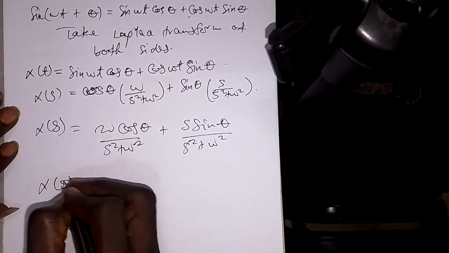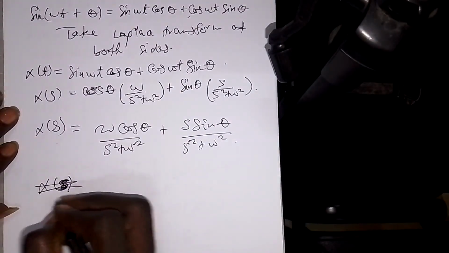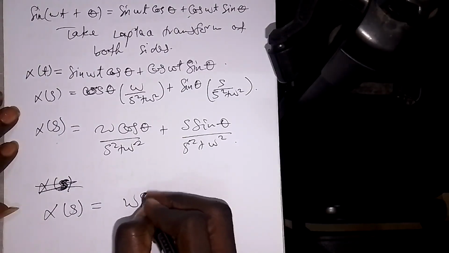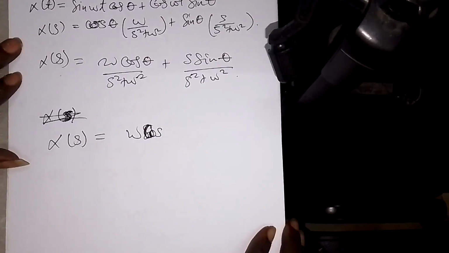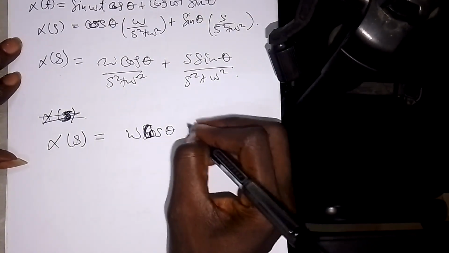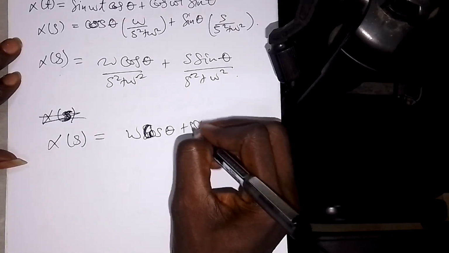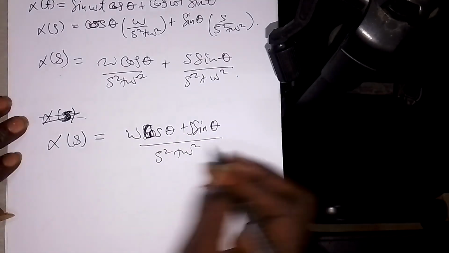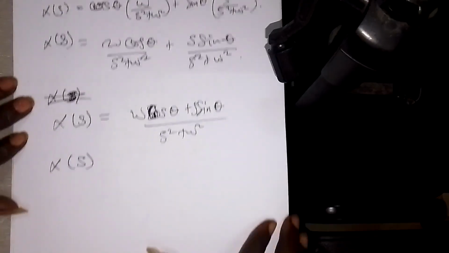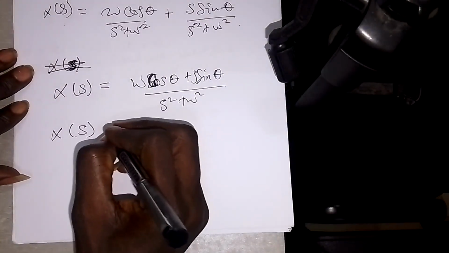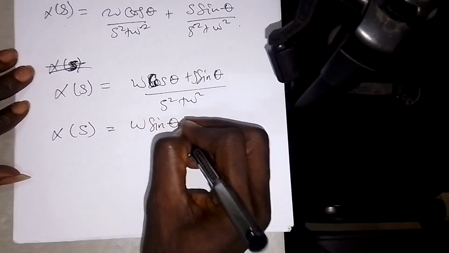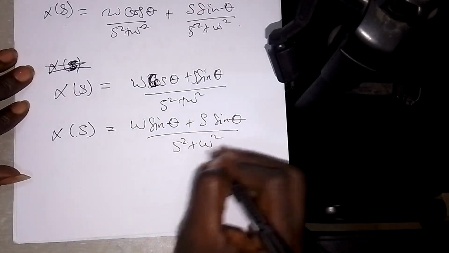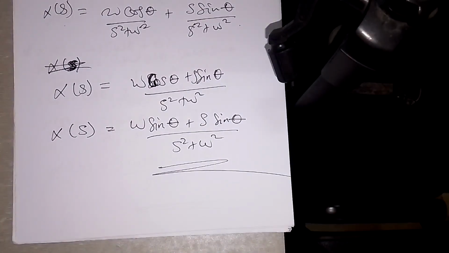If I want to simplify further, x of s, the Laplace transform, is going to be omega cos theta plus s sine theta all over s squared plus omega squared. Okay, so that will be the end of this set of questions. Thank you so much. See you in the next class.